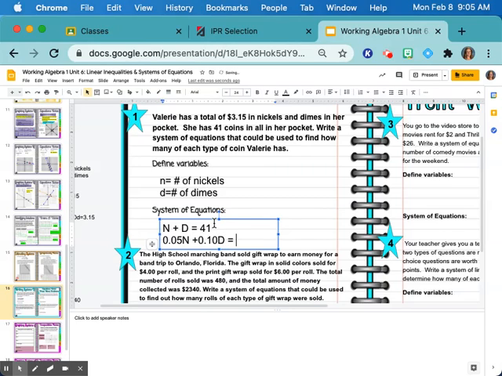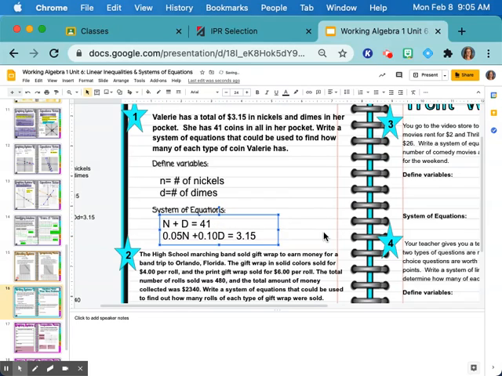How much total money does it say we have? $3.15. Yep, that's it. Okay, so that is our system of equations. We're not solving it yet. We're only writing equations today.